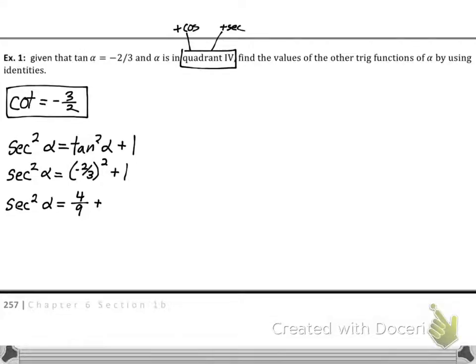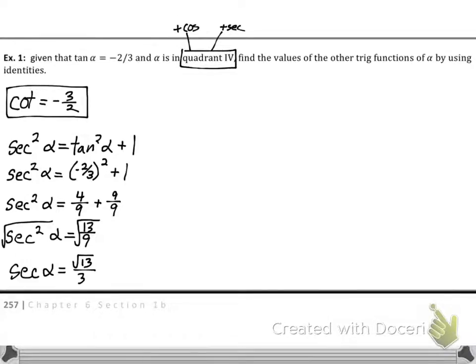Because it has to have a common denominator, I'm going to put 9 over 9, just so I can see the common denominator. That's going to give me secant squared alpha equals 13 over 9. Take the square root of both sides, and you're going to see that secant alpha equals square root of 13 over 3.